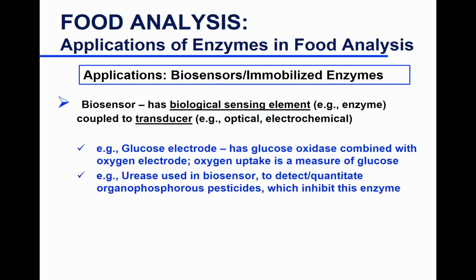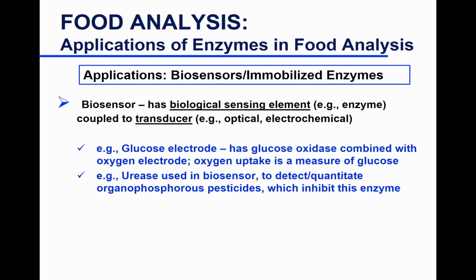Oh, so immobilized with different application. Here is to detect a presence of constituents, but immobilizing lactase is another thing, a processing aid to remove lactose from milk, converting to galactose and glucose. This is a processing aid application. Here's an analysis application. Yeah, but both are immobilized.